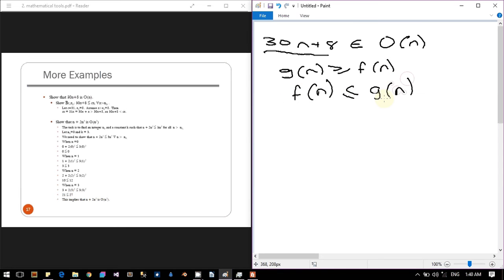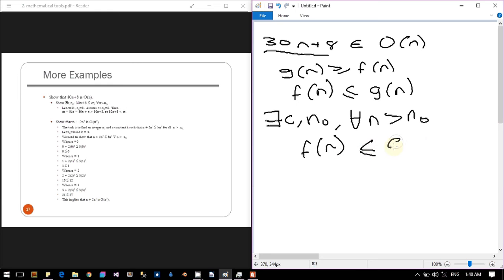So what does that mean? That means for some constants, remembering our definition, c and n naught, such that n is greater than n naught, f of n is less than g of n. So what they are telling you to prove is that 30n plus 8 is less than cn. This is constant c times n. How do you prove this?